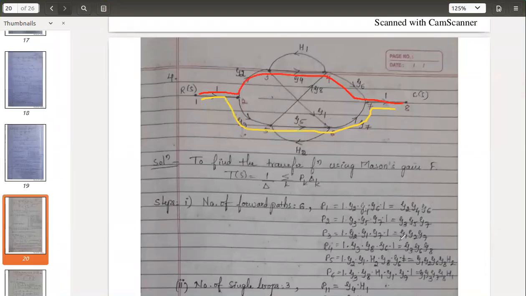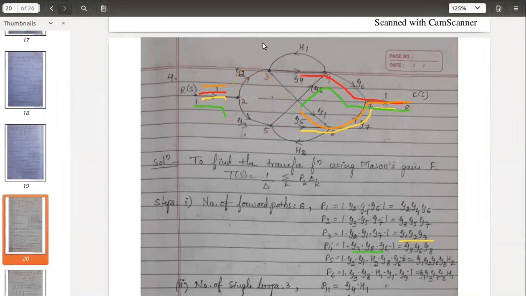The third path, you can see G2, G1, G7. So this is your third path. Coming to the fourth path, G3, G8, G6. This is your fourth path. So 4 paths I have identified.